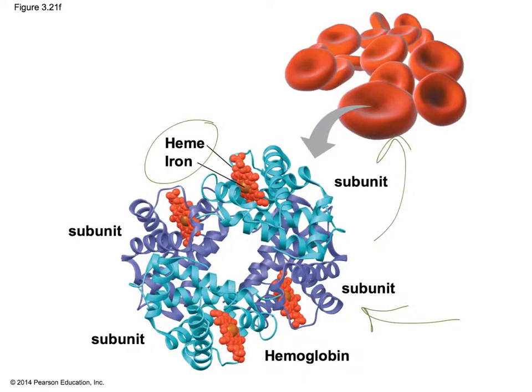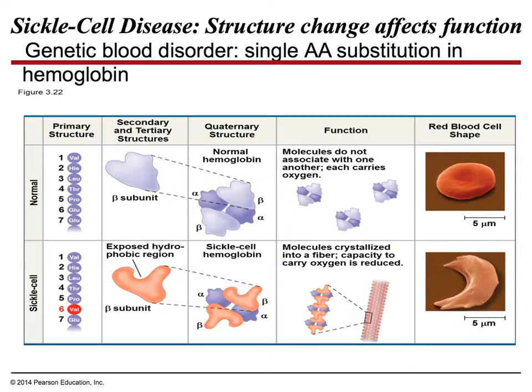Sickle cell disease would be an example of where there's a change in the structure. So with that change, we have the normal structure here. The sickle cell structure is where there's a change in the amino acid sequence. It is just one amino acid that's different. The valine replaces the glutamine.